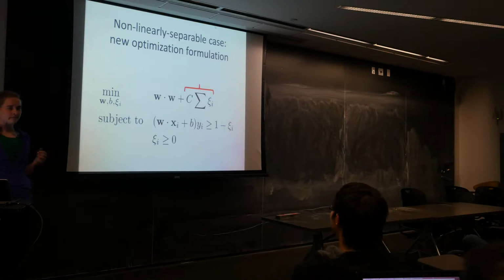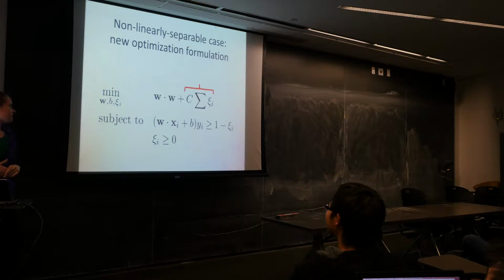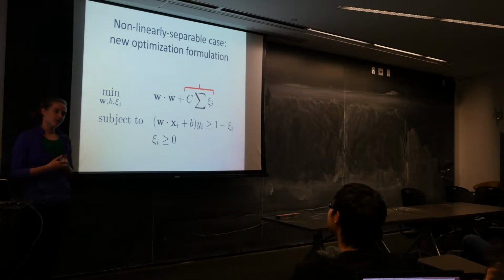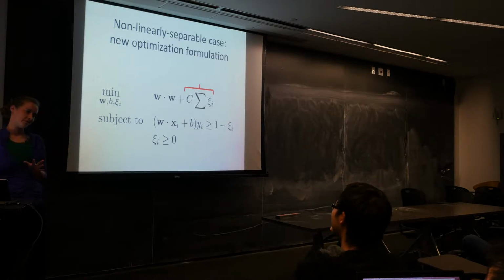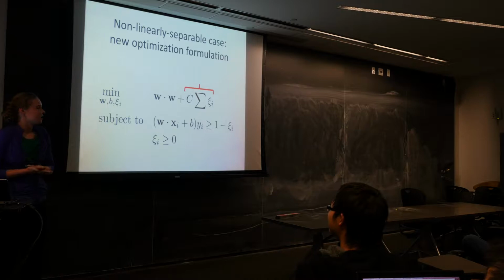Yeah? So in real life, how do we choose C? So that's one of the things that gets into model selection. Over time, as you're learning about these algorithms, you'll find there's a lot of things you're going to have to choose. A common way of choosing something like this is through cross-validation.